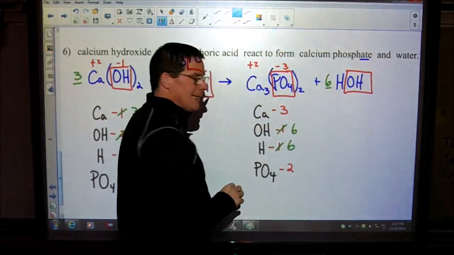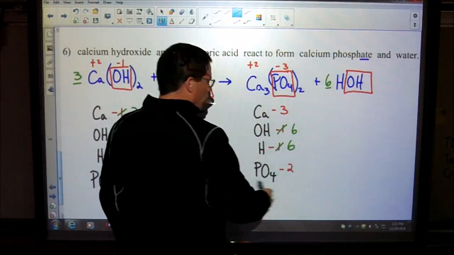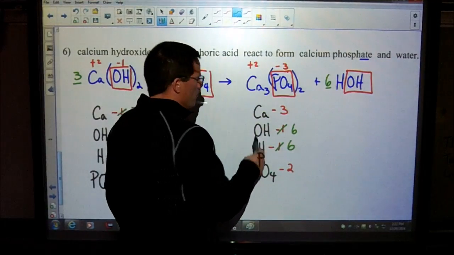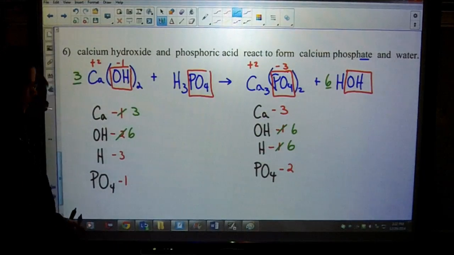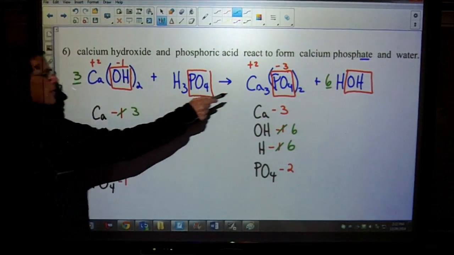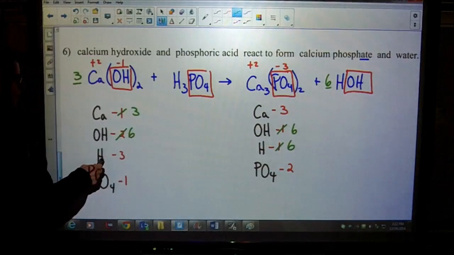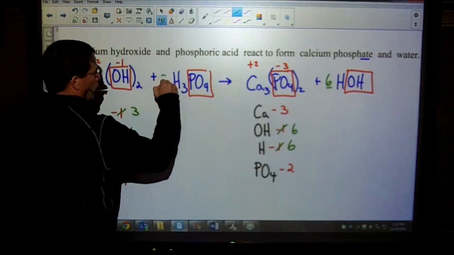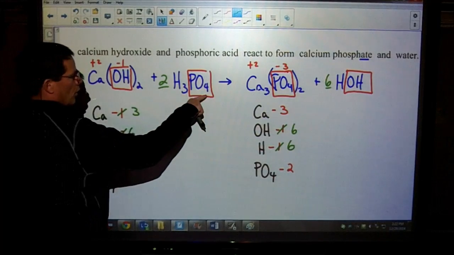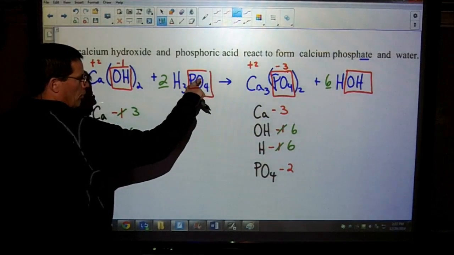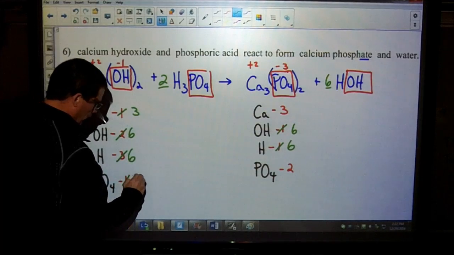I have 6 of those. Again, I do have a total of 12 hydrogen, but I'm not looking at it that way for the sake of speed. Which means that I now need 6 hydrogen on this side. So if I put a 2 there, there's my 6 hydrogen, which also changes my phosphate. Again, no parentheses, so 1 times 2 is 2.